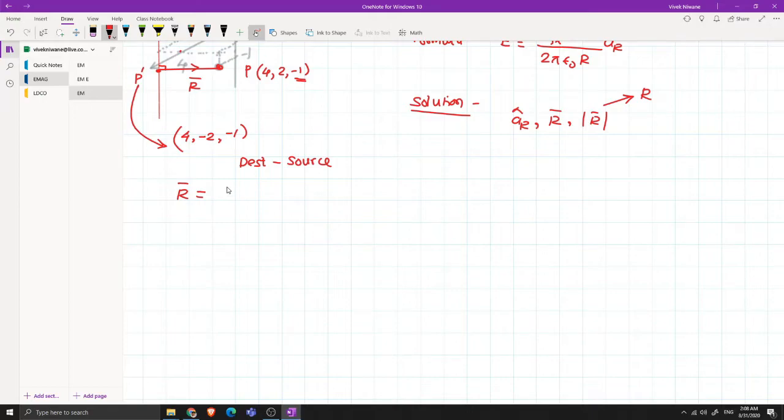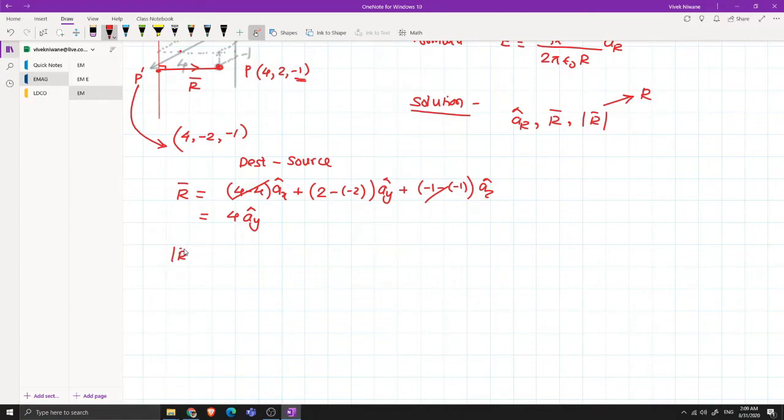So I can write down 4 minus 4 ax cap plus 2 minus minus 2 ay cap plus minus 1 minus minus 1 az cap. Okay, if we do calculations for this, can I say that this is 0 and this is also 0, so we are left with 4 ay cap.